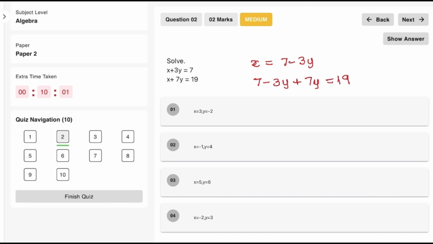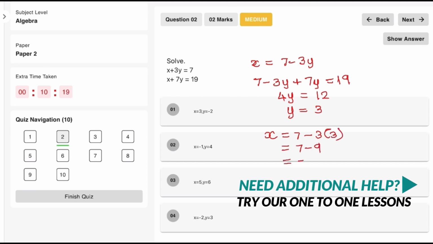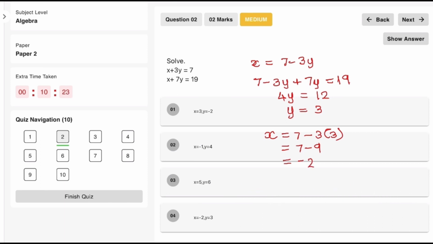Then this is going to be 4y is equal to 12, y is going to be equal to 3, and x is equal to 7 take away 3 times 3, and that is 7 take away 9. So x is equal to negative 2, and therefore the answer is number 4.